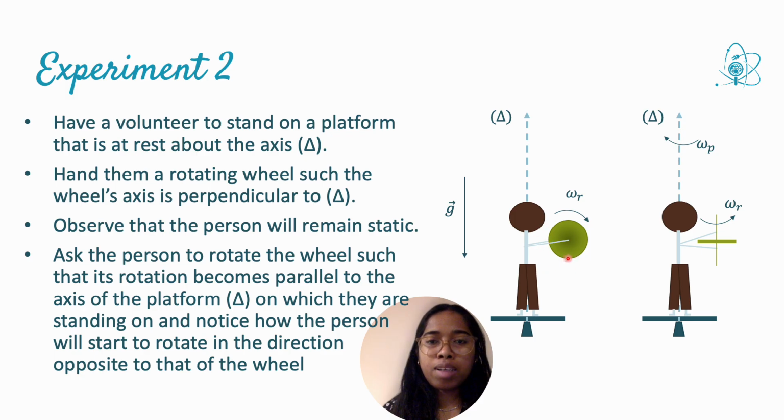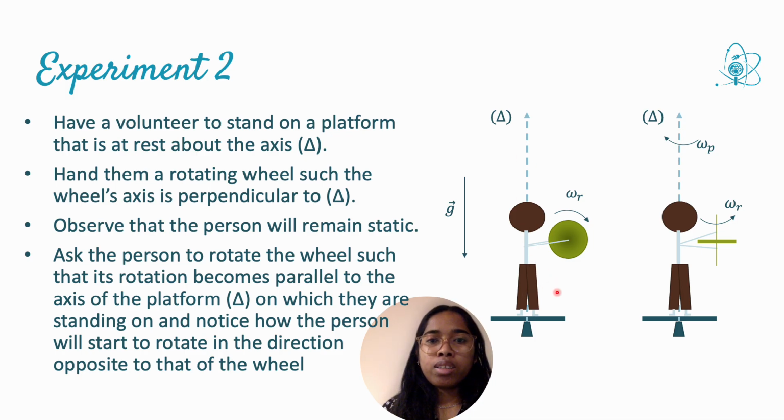It's like a bike tire, and the wheel is spinning, rotating about its axis, and the axis is perpendicular to the axis of the platform they are standing on. So the person is to hold the rotating wheel with the rotating axis of the wheel perpendicular to delta here. And if we make an observation, we notice that the person will still remain static.